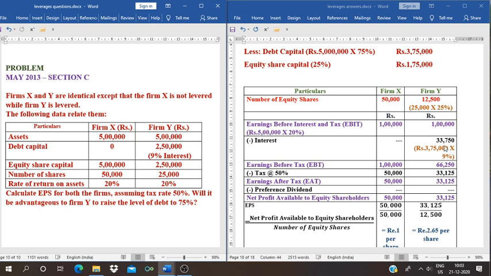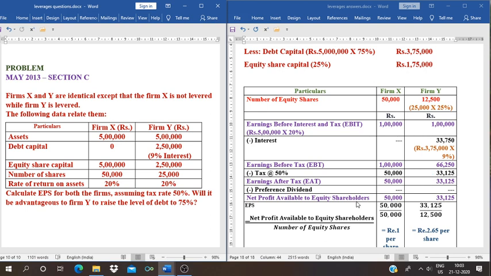Interest amount is 33,750. Then we will get the EBT for firm Y 66,250. Then we have to deduct the tax at the rate of 50%. Then we will get EAT less preference dividend. There is no preference share capital, so there is no preference dividend.